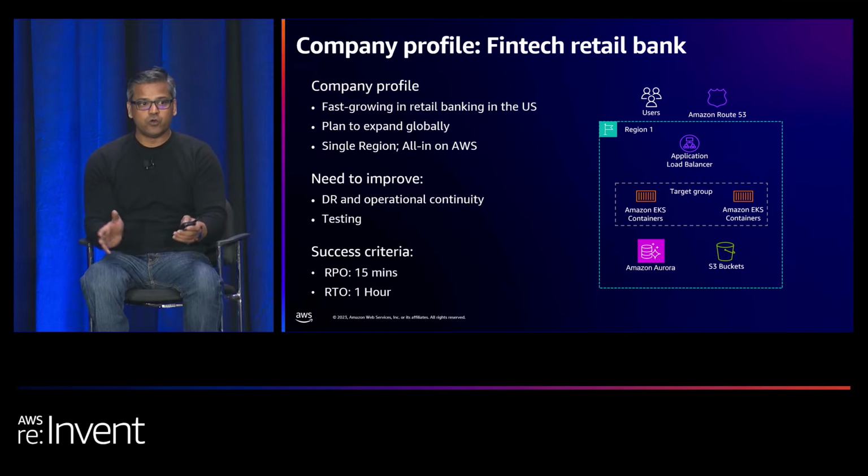Now, for those of you who have not heard this before, just to give you a very quick summary on that, RPO stands for recovery point objective. So think of this as the data currency your business needs to operate. Or in other words, this is the lag in the data, or the data that you can afford to lose in case of any large-scale impairment with your data sources, as an example. The RTO is all about the speed of recovery.